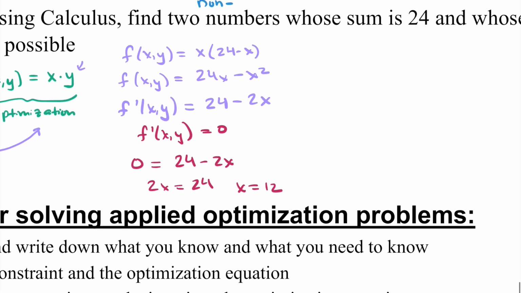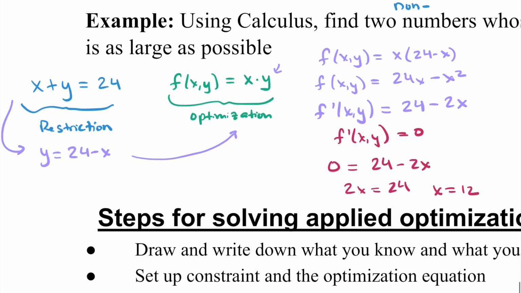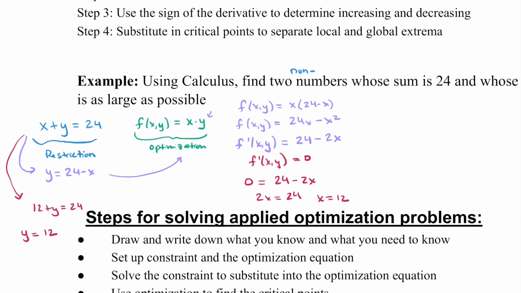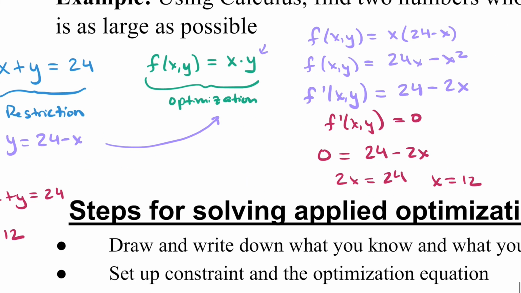We have found x equals 12. Go back to the original restriction. 12 plus y equals 24, so y equals 12. f of 12, 12 is going to be 12 times 12, which is 144, which should be my max.